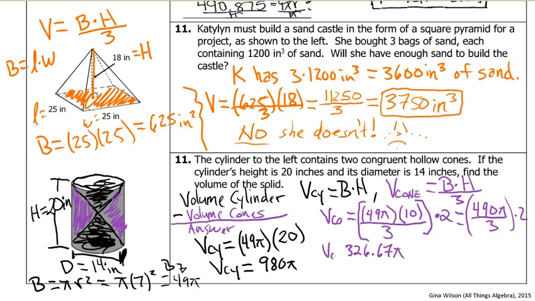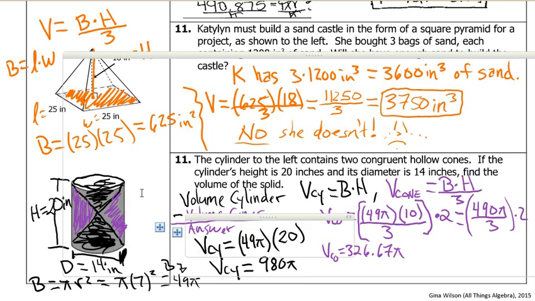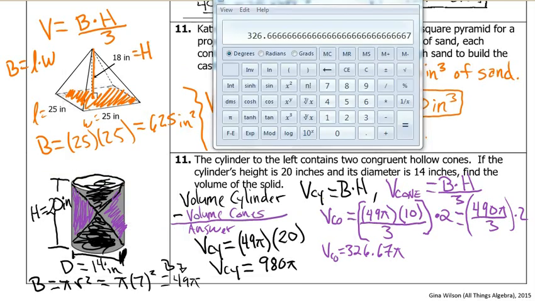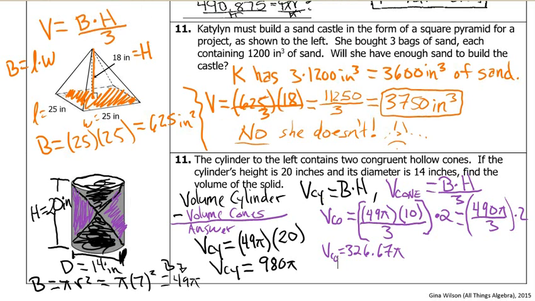This is V co, my volume of the cones. So this is both cones now. And now I have to subtract this. So this minus that is going to be the volume I'm looking for.